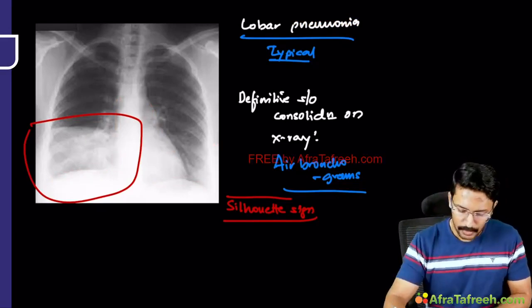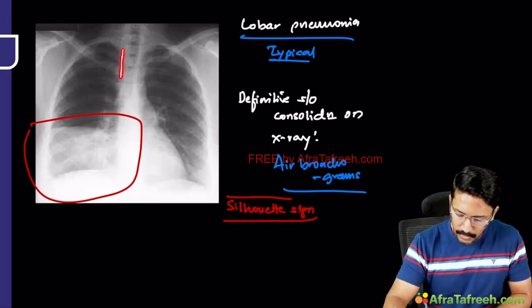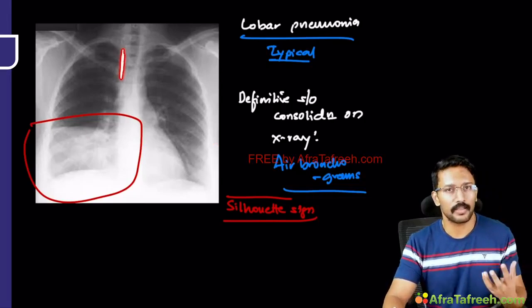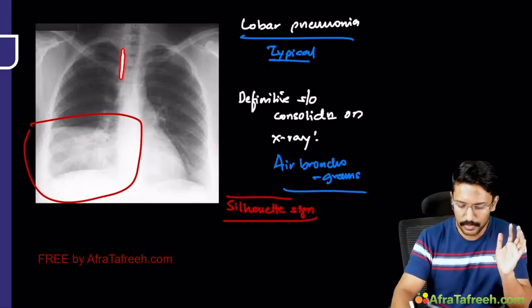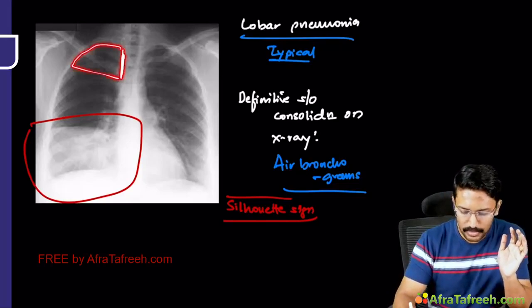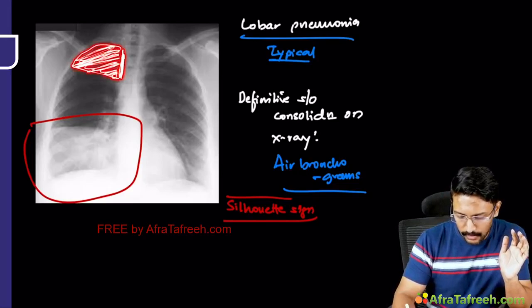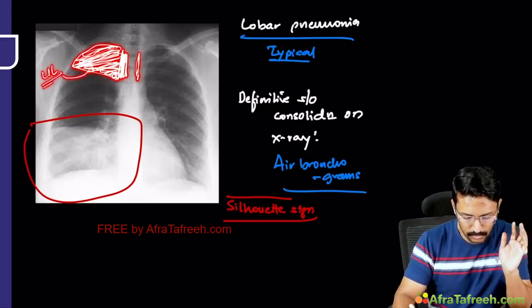Okay, so if the upper tracheal and esophageal shadows are being obscured by the white opacity, it is suggestive of the upper lobe involvement. So if there is an opacity here and I cannot distinguish between the opacity and the tracheoesophageal markings, right? It is like all merged into one. That is suggestive of upper lobe consolidation.